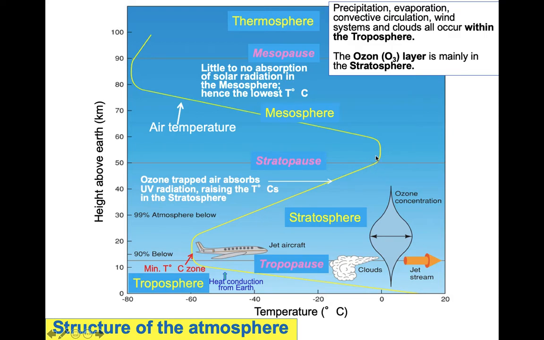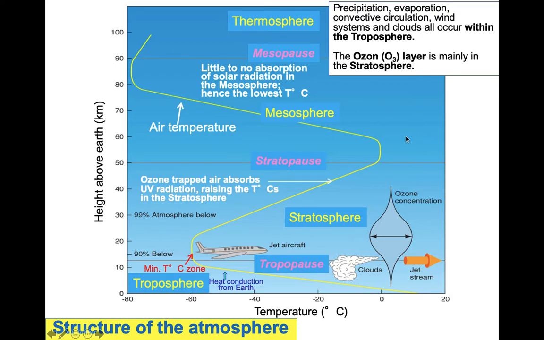Once we cross into the mesosphere, the air temperatures are decreasing very quickly again. And that's because there is no absorption of solar radiation in the mesosphere, and therefore the mesosphere gets very cold quickly as we go higher up, and then into the thermosphere, the temperatures may rise a little bit, but remain pretty much within the minus range, a significantly low minus range.